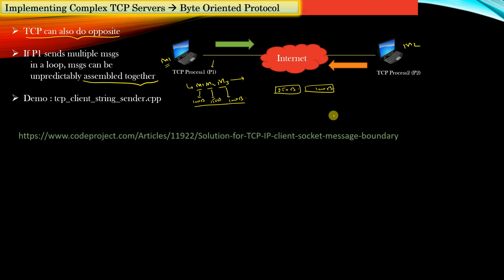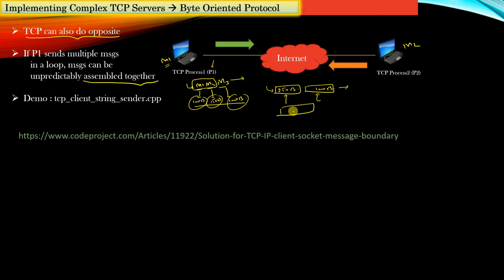So here you can see that the messages are getting assembled together. The 100 byte and 150 byte messages are present in one segment, and the last 100 byte message is in another segment. I have taken these values randomly. It can be odd values.